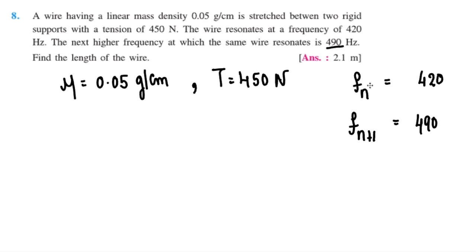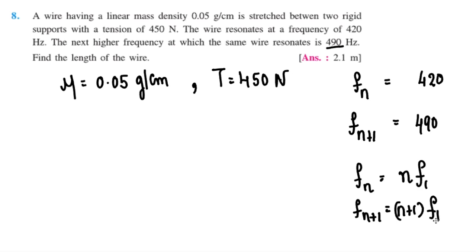Fn and Fn plus 1 have a relation with the fundamental frequency: Fn is equal to n times the fundamental frequency. Fn plus 1 means n plus 1 times the fundamental frequency. So instead of Fn, I can write nF1, and instead of Fn plus 1, I can write n plus 1 F1.